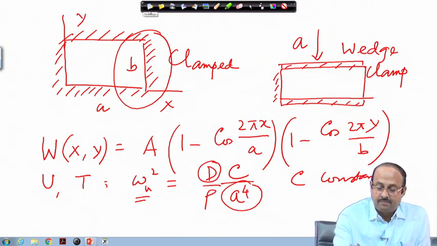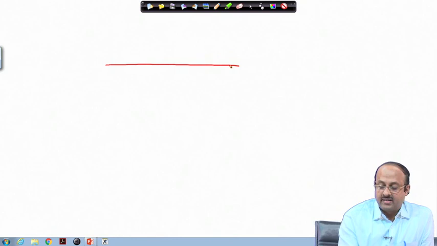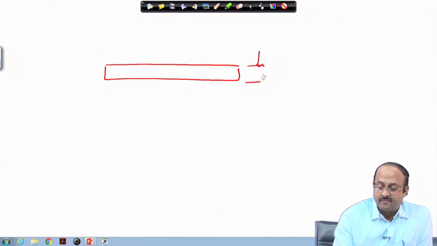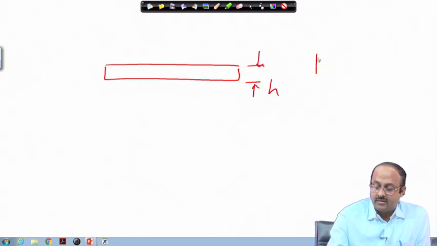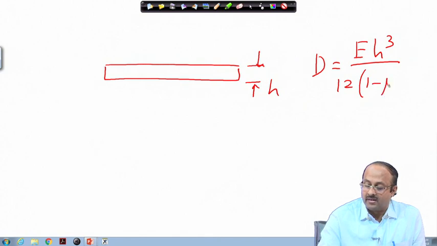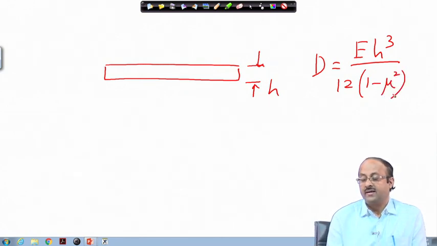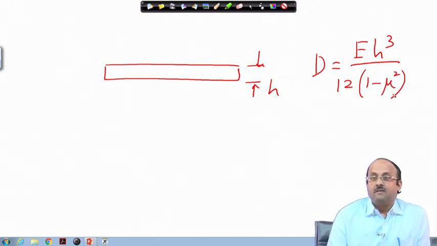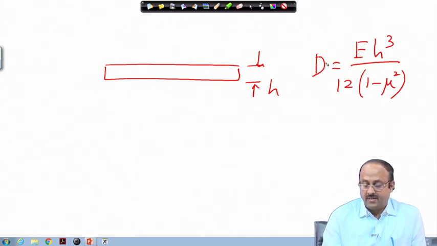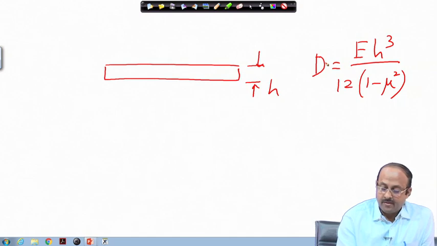Now, if you consider a plate which has a certain thickness h, D will be equal to E h cube divided by 12 times (1 minus mu square). Now, if you increase the value of h, definitely the value of D increases, and so omega n increases.